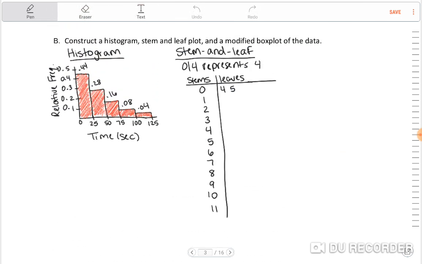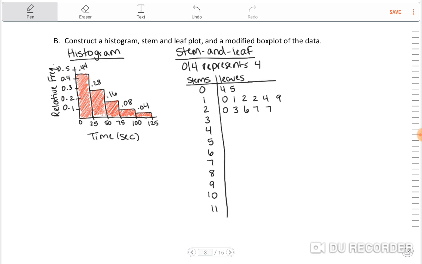I try to space them out so that they're lined up here. Then for the 20s, I've got 0, 3, 6, 7, 7. You'll notice that these are all in order. They always will be in order, least to greatest.